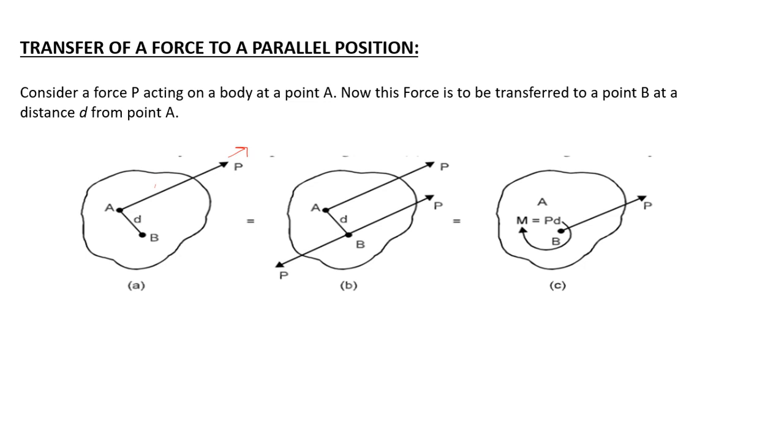In order to transfer this force from point A to point B, let us take two forces of magnitude P, equal to our force, but in opposite directions. The net effect of these two forces at this point will cancel out.